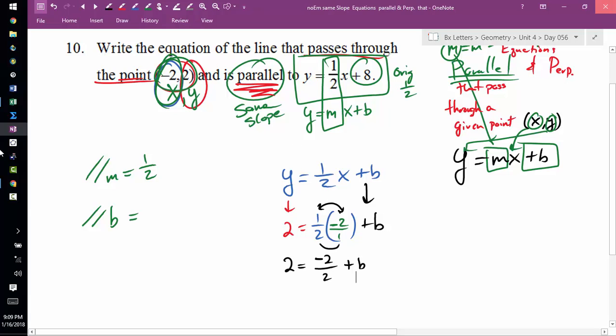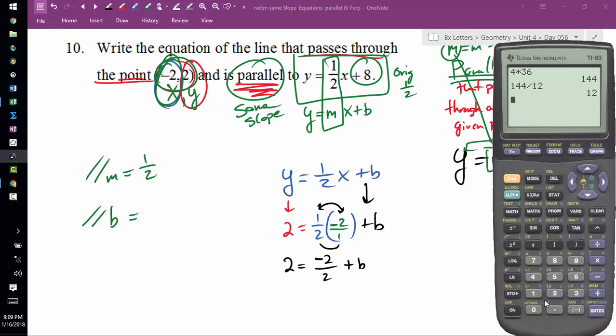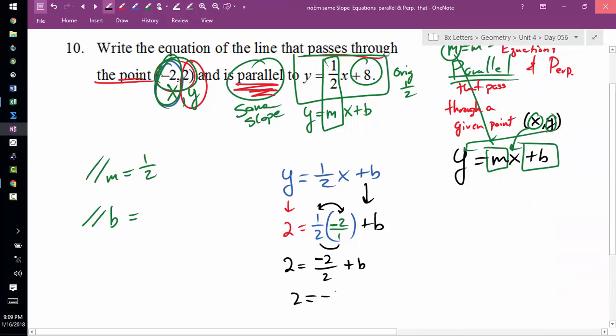And I'll even show you on a calculator. 1/2 times -2 is -1. And that's because -2 divided by 2 simplifies to -1. So we're going to get 2 equals -1 plus b.